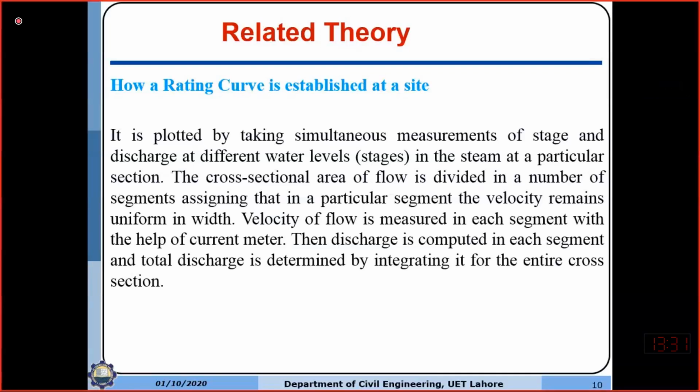It is a time taking process and it is a costly process. So on normal basis, how do you report the discharge at a site, you have the rating curve there. We have the staff gauge installed there. We read out the level of water on daily basis, sometimes 2 or 3 times a day. So corresponding to that water level, we go to the rating curve and we report the discharge.